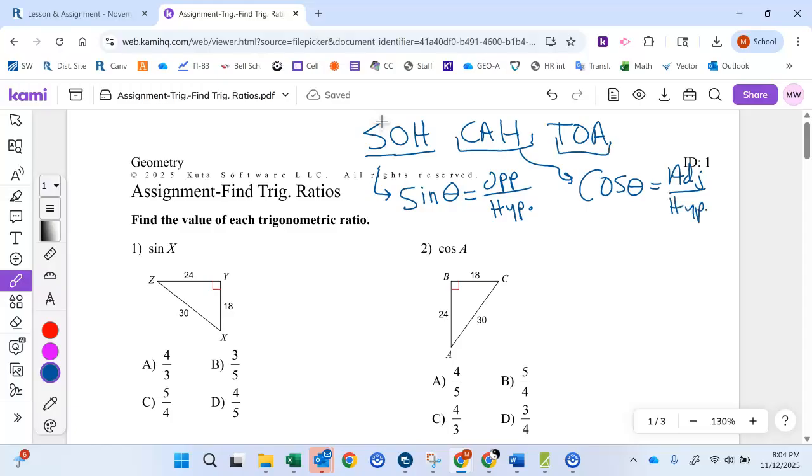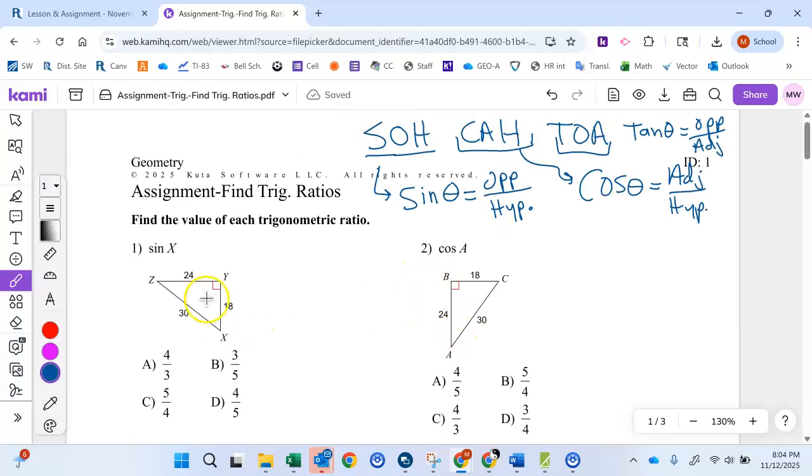And finally, TOA: tangent theta equals opposite over adjacent. Okay, so I'm going to be referring to that. When you take the notes, refer to that all throughout this assignment.